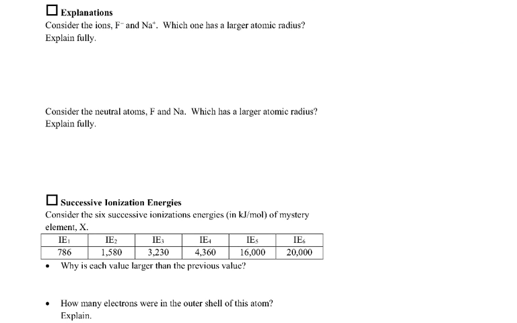Okay, look at the next questions here. We have F minus and Na plus. Which one has a larger atomic radius? And explain. F minus and Na plus, how do they relate? They both have 10 electrons. They are both isoelectronic with neon.